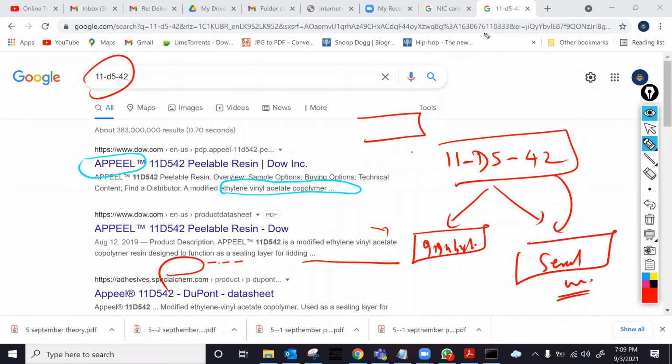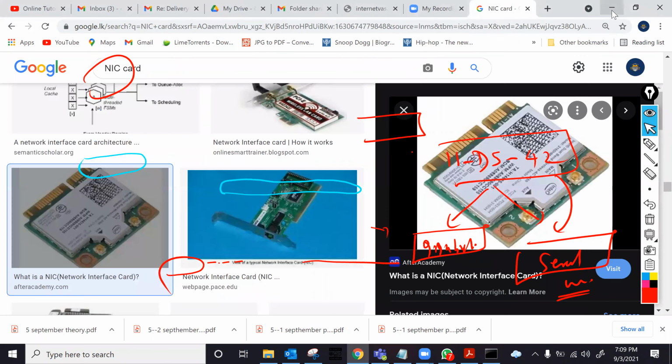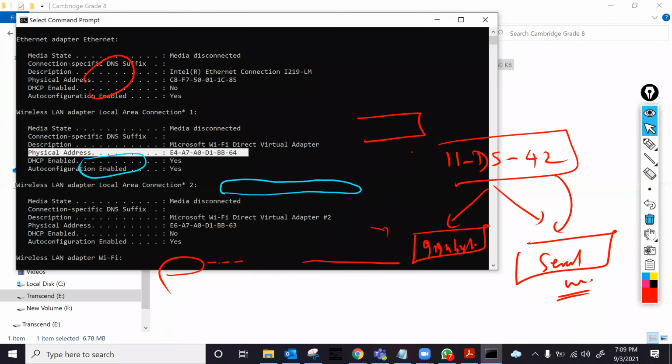Out of those millions, which one is your card is called the serial number. Now you know what MAC address means.